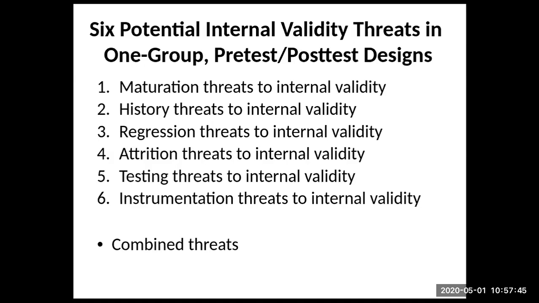Now in chapter 11, we have 6 more internal validity threats in this specific type of one-group pretest post-test design, and it can carry over into more than one level. So the first one is called maturation threats to internal validity, where simply the behavior of the subject or participant changes. Maybe they just get a little more used to their surroundings, like the children's example.